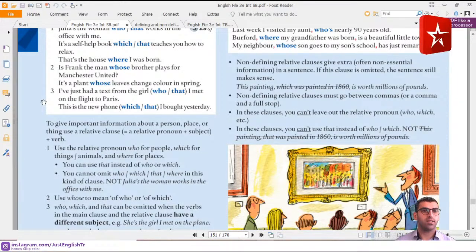And the last two sentences: I've just had a text from the girl I met on the flight to Paris. Who, which, and that can be omitted, can be removed from the sentence when the verbs in the main clause and the relative clause have a different subject.